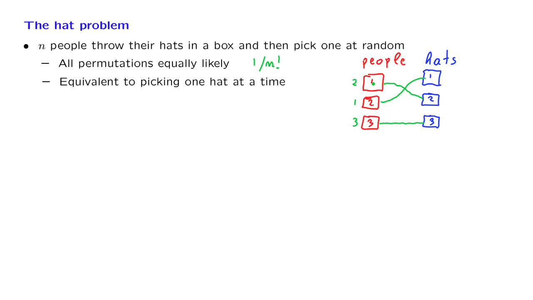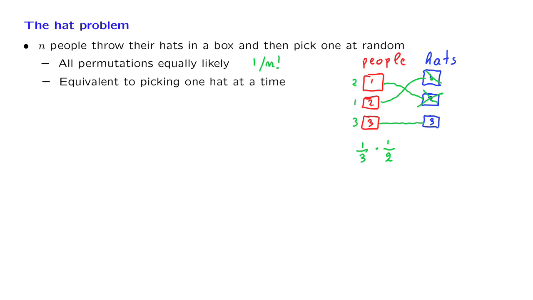The probability that person 1 gets hat number 2 is 1/3. Then we're left with 2 hats. Person 2 has 2 hats to choose from. The probability that it picks this particular hat is going to be 1/2.